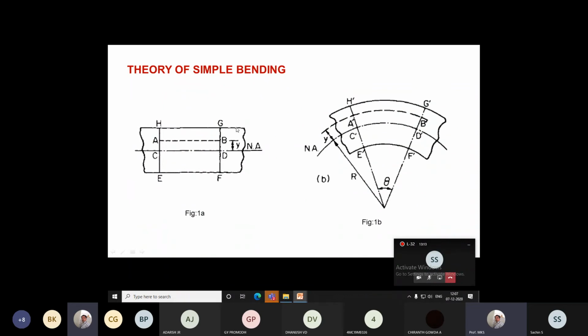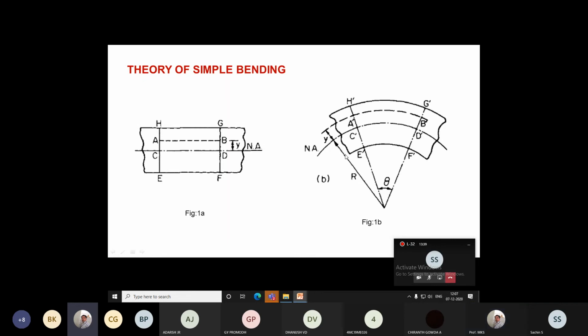So now we consider this beam. Some section of the beam is considered, that is EFGH, right? A certain portion AB of the beam is considered, which is at a distance y from the neutral axis. When the moment is applied at the end, after the application of the bending moment, the beam is going to bend in this manner. The angle of bend is theta.